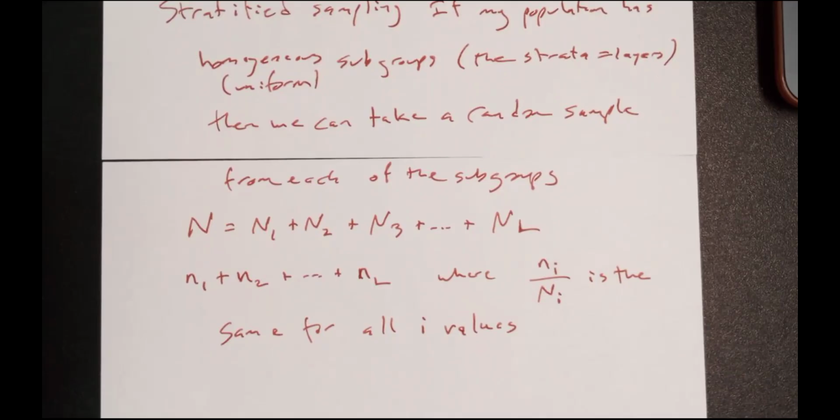So if there are 1,000 people and there are 400 in group 1, 100 in group 2, wait a minute, I want 40 from group 1, then I only want 10 from group 2 to try and keep this proportion the same. Questions?